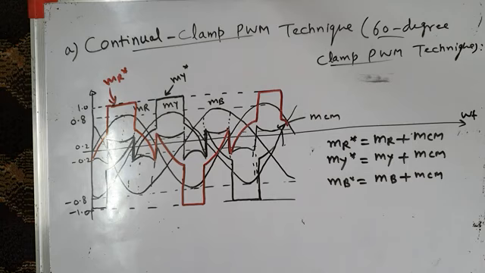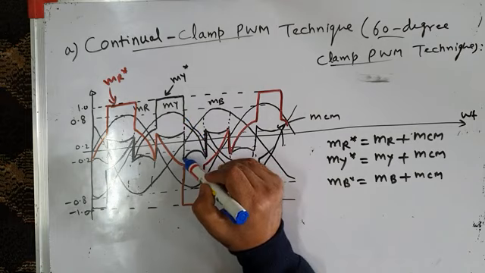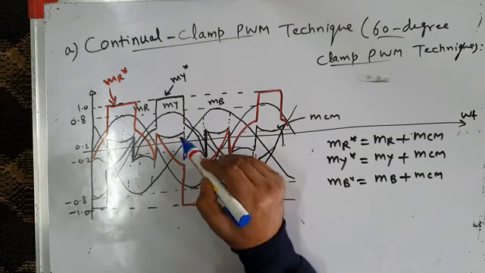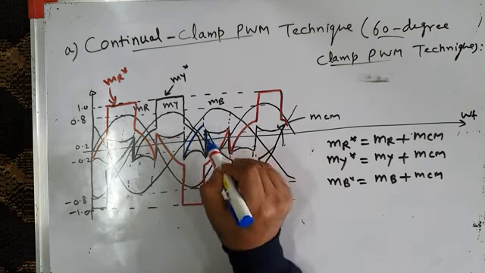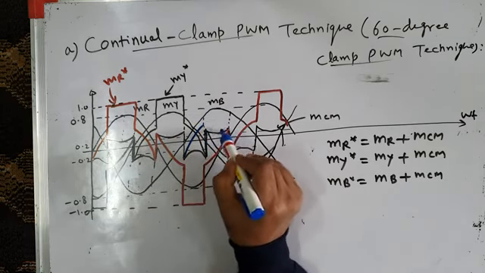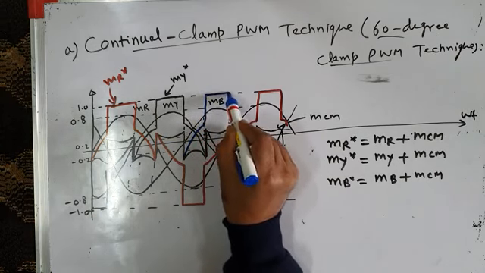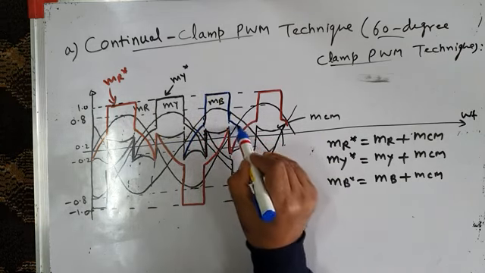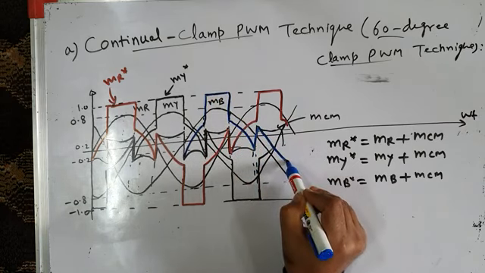And then I have to draw MB star. My MB star is MB plus MCM. It starts from here. Here MB is 0, MCM is like this. It will follow these patterns, and then over this 60-degree interval, it will be equal to 1.0 all throughout. Okay, and it will come down, touch this, go up, come down like this.